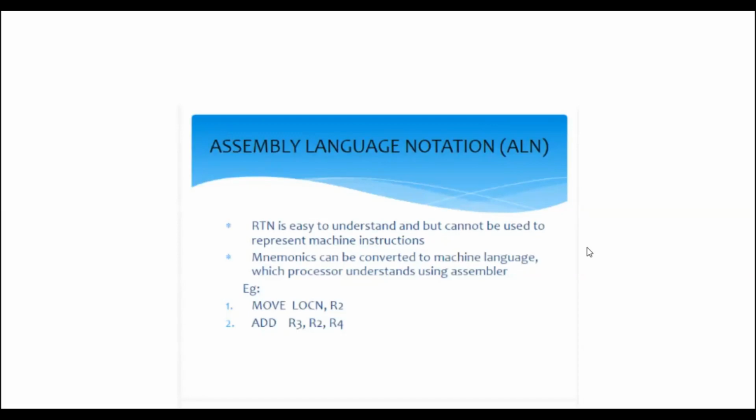ADD adds two values, or three values, like add R3, R2, R4. Then we also have SUB, which subtracts a value from another. We have JMP, or jump to a new location in the program. We have MUL, which means multiply two values. And CALL, which calls a procedure.